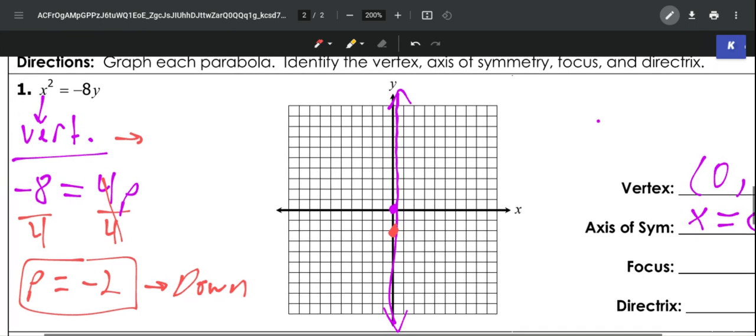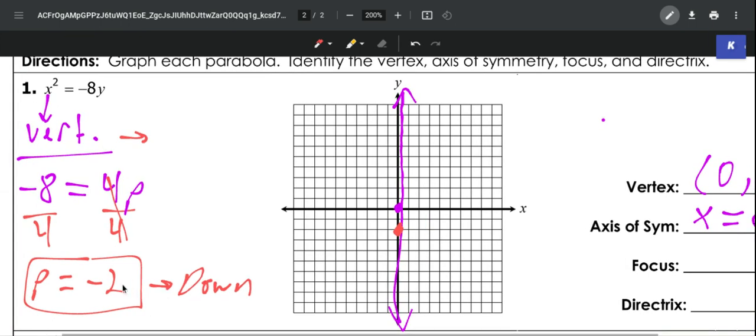So hopefully that makes sense. And the more we do these, hopefully it'll make sense. That's why I'm going to leave it as -2, because that is an indicator that you're going down if we're looking at the y-axis. So I'm going to leave it as -2, not do the absolute value of p. So hopefully that's less confusing.